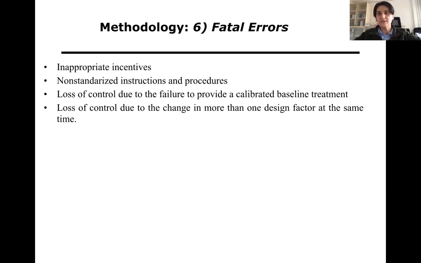It shouldn't be below that. Non-standard instructions and procedures: non-standard means biased instructions, which should be avoided. Loss of control due to failure to provide a calibrated baseline experiment: you should first do the control, and depending on the control, you should have the treatments. Loss of control due to changing more than one design factor at the same time.